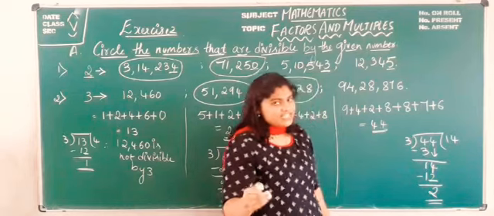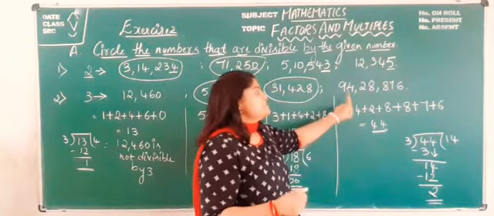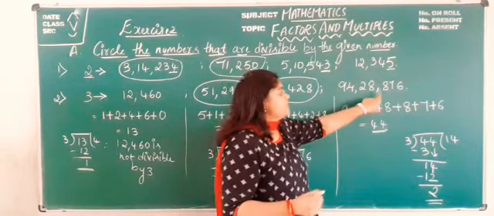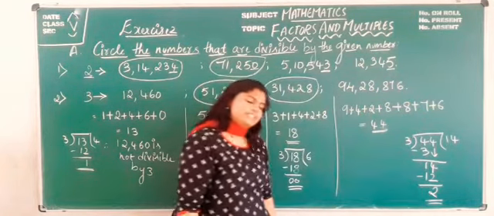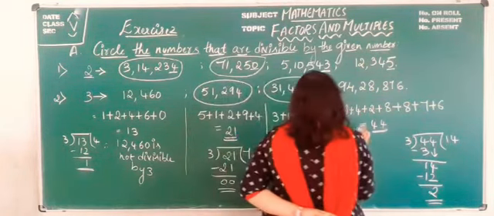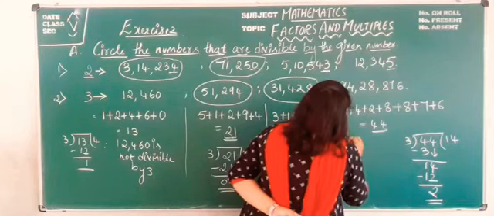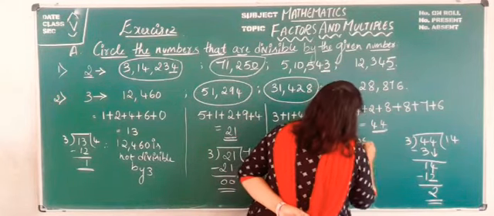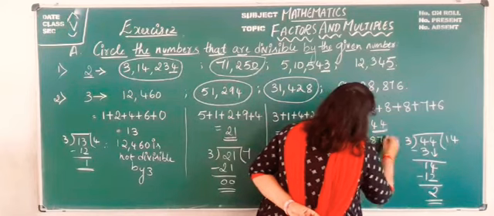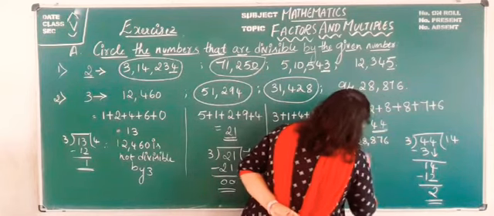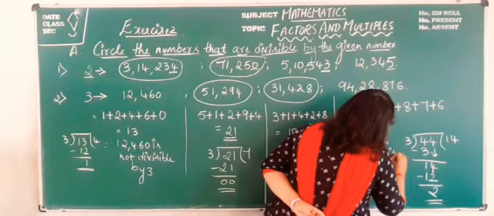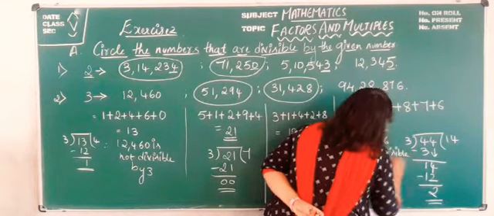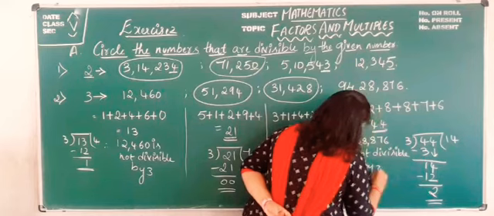Therefore, we can say that the given number, 94,28,876, is not divisible by 3.